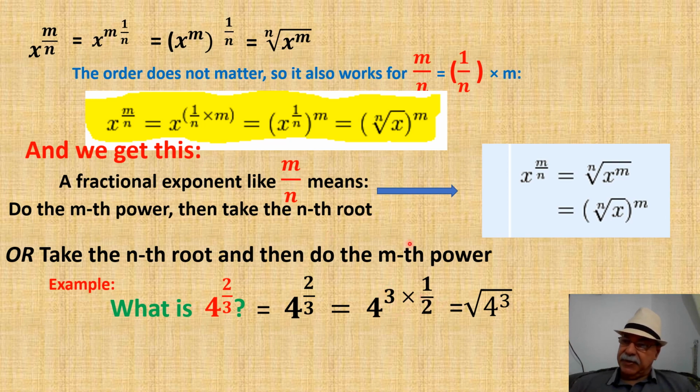This means 4 rising to power 3, yani 4 cube. Somebody asked me, where is this? The cube, this is the square root. If it is the third root, this is the value of the root. And this is the power. 3 is the power.